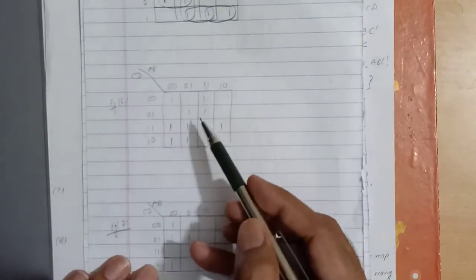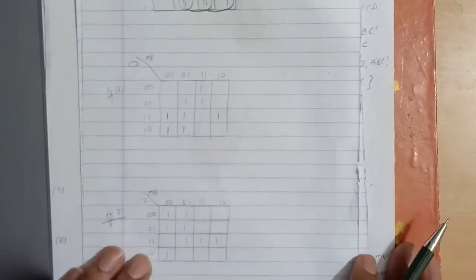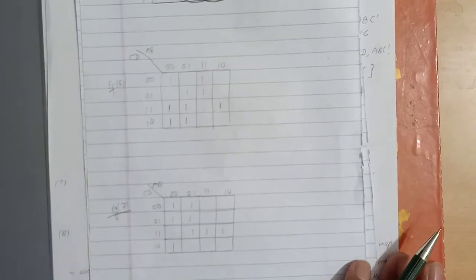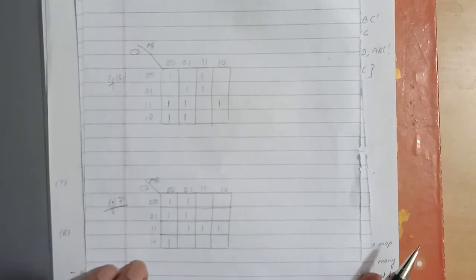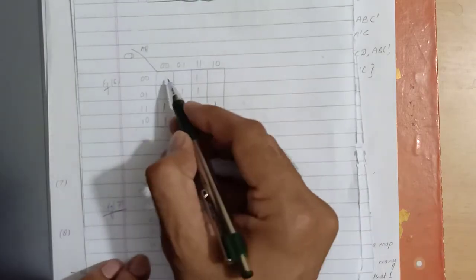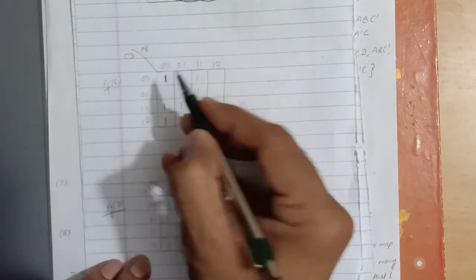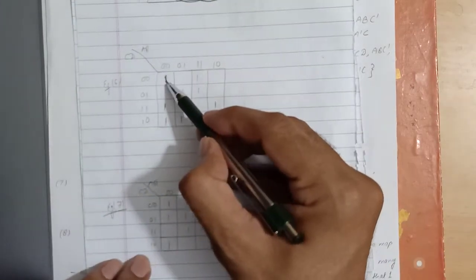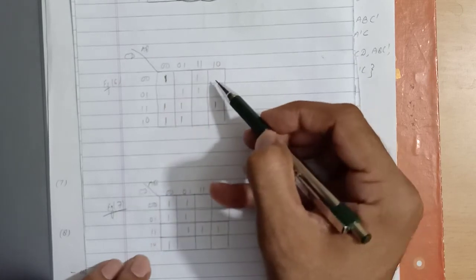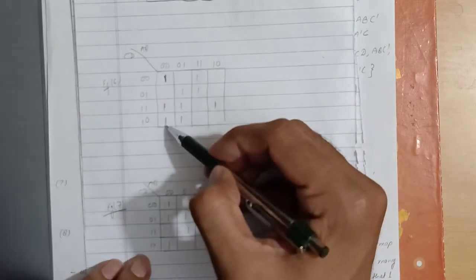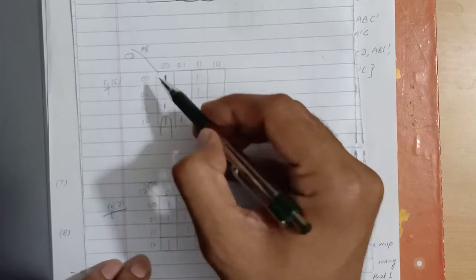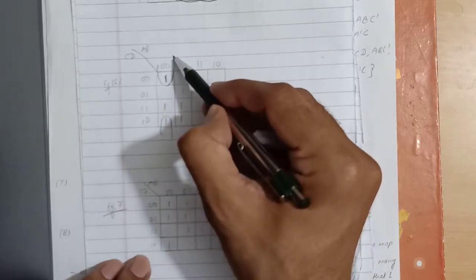So we have drawn this term like here. So now how we will find the essential prime implicant here. If we look into this one, this one cannot be part of any 4, it can be combined with this. So this is your essential prime implicant.